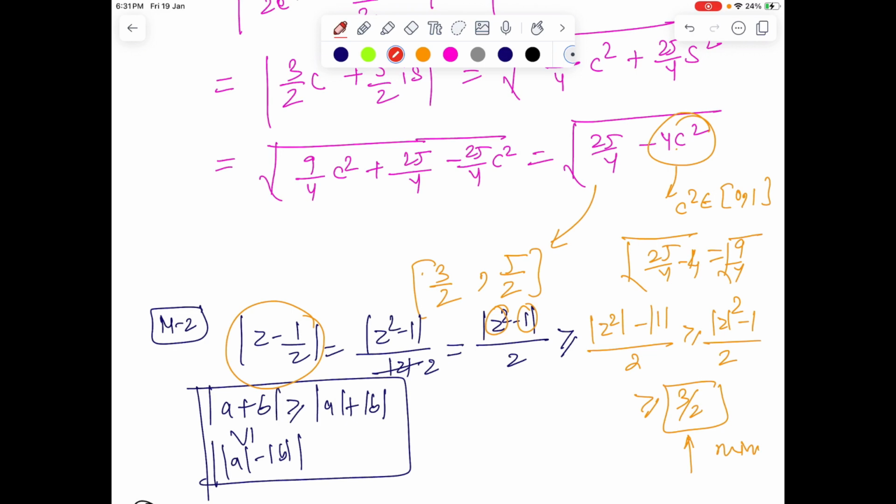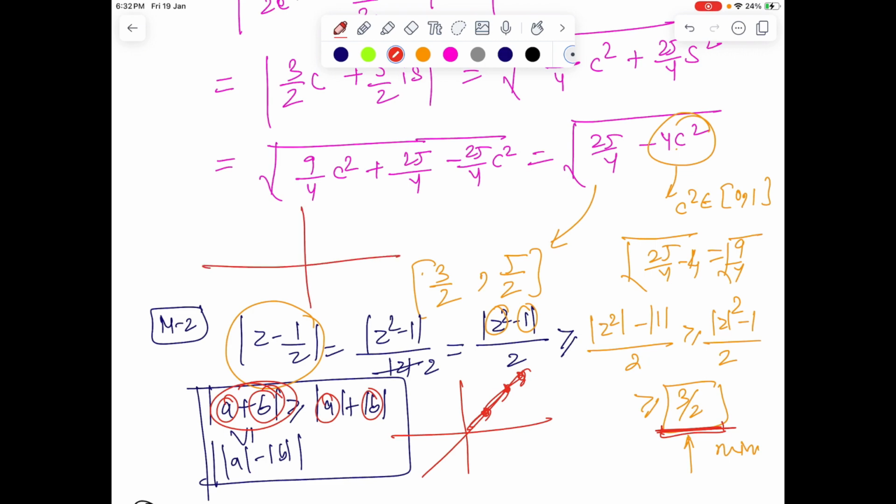A very important point here: in some questions if you blindly apply this you might get a minimum, but you will never be sure whether the minimum is achieved or not. Okay, so whether equality is achieved or not. Yes, it is achieved here indeed when a, b and a plus b are collinear. So for equality in the triangle inequality, they must be collinear.